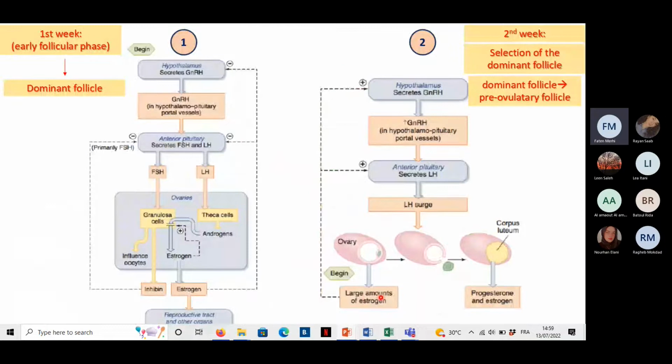The large amount of estrogen produced by the dominant follicle will have a positive feedback on the hypothalamus and on the anterior pituitary gland, and more specifically on the secretion of LH by the anterior pituitary gland. So due to this large amount of estrogen, we will have a positive feedback that will lead to an LH surge. So we will have a peak of LH.